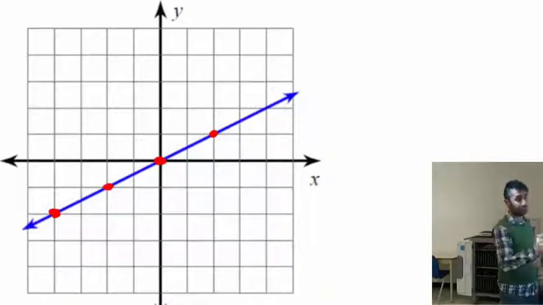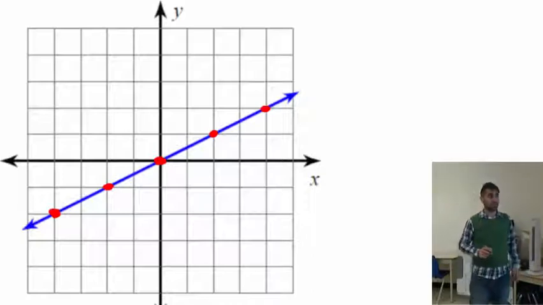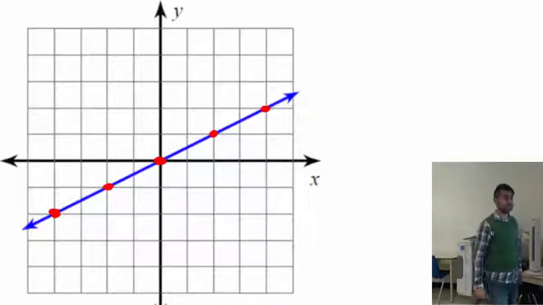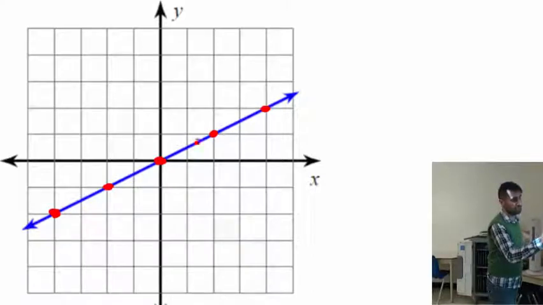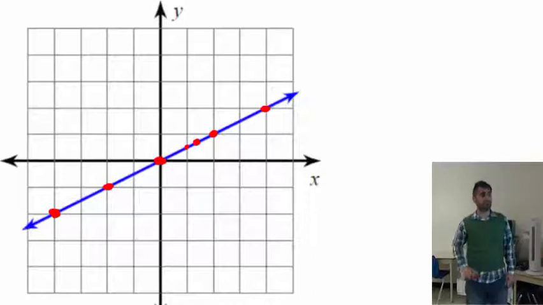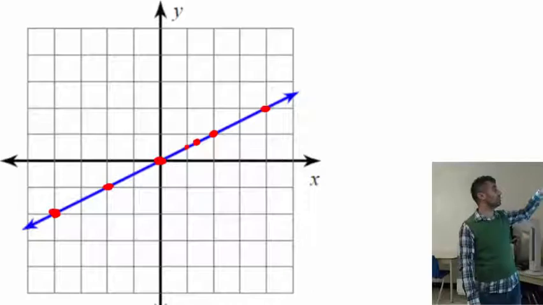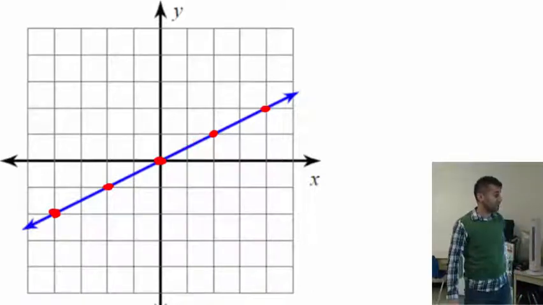Those are all where the line passes through the cross lines, so they are perfect coordinates. Which ones are not perfect coordinates? This is not. This is not. You want to find the cross lines so you can write down the coordinates easily.